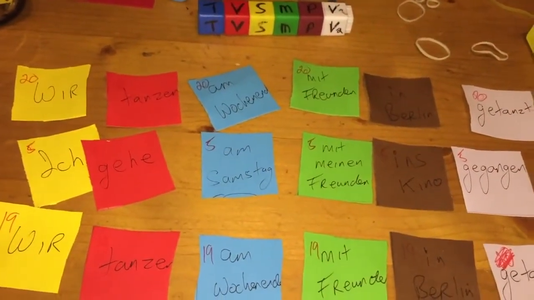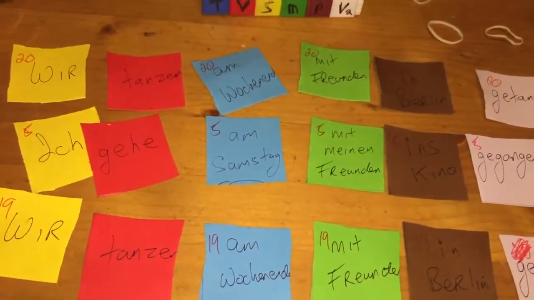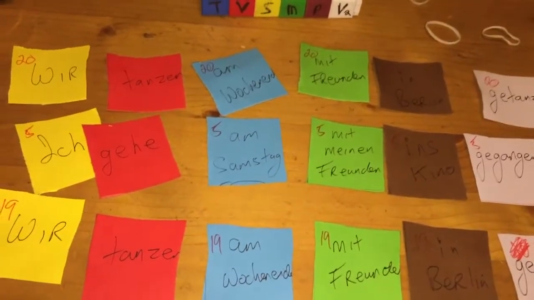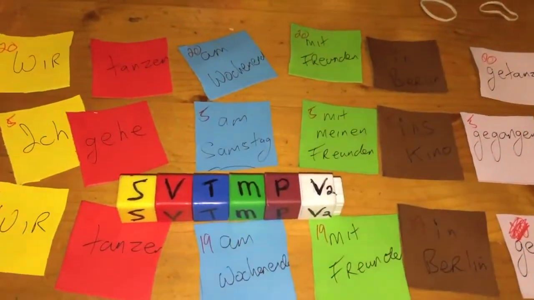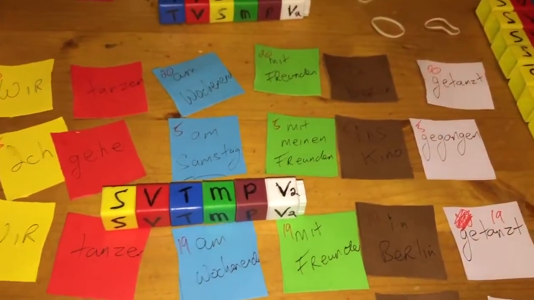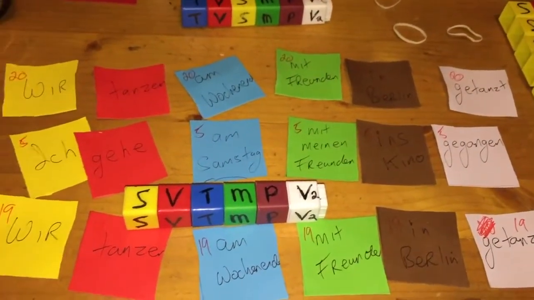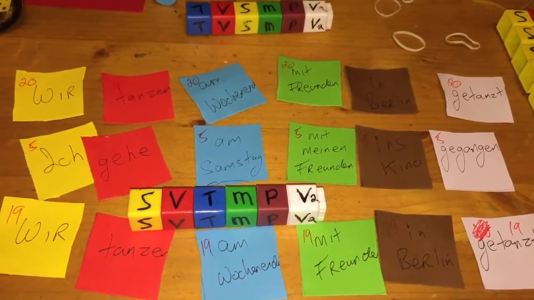So I've created 20 or 30 cards, one for each student to use, and they're colour coordinated to correspond to the block here. So we're looking at Wir for S, tanzen for V, am Wochenende for time, mit Freunden for M, in Berlin for P, and getanzt for V2.